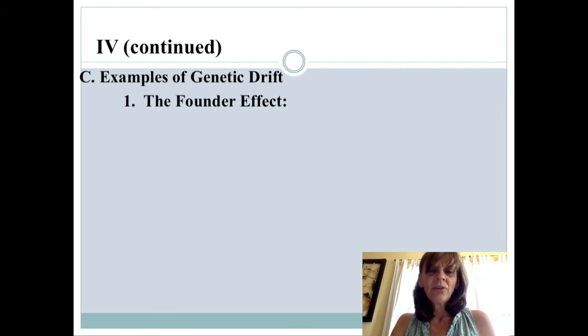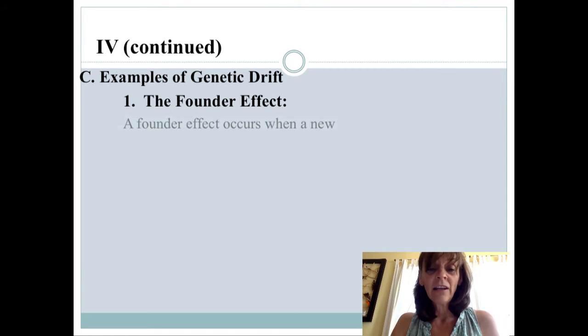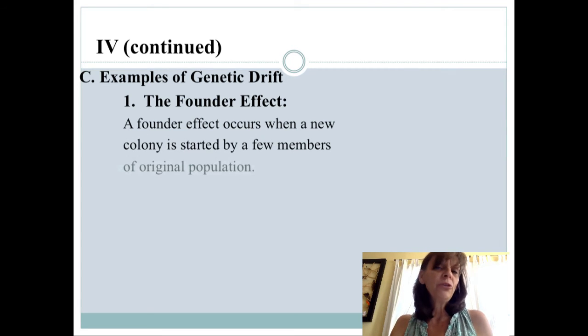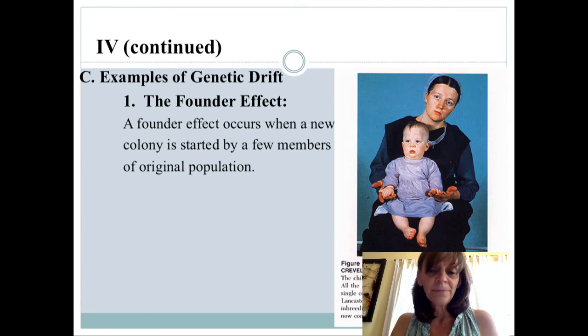Okay, so there's one specific type of genetic drift called the founder effect. It occurs when a new colony is started by just a few members of the original population. So here's a really cool example. There was a small group of people, Amish Pennsylvania Dutch, who moved into a certain area and developed what is now the Amish community there.